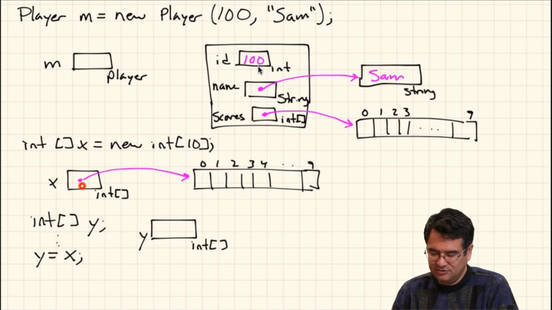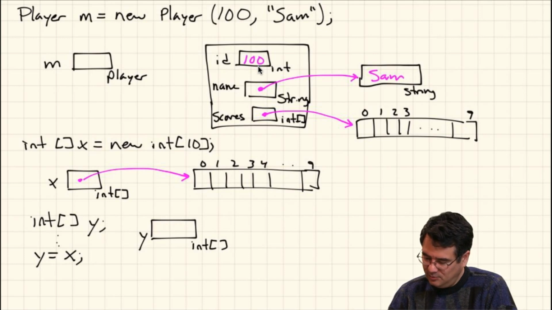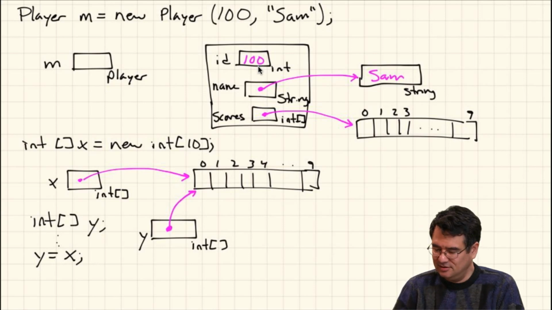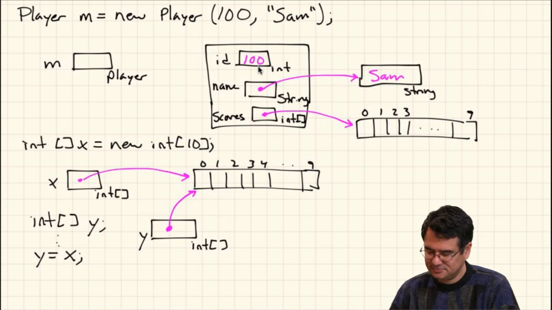So what we're doing is we're saying, take the number out of this box and copy it into this box. So if the number 5,000 was up in this box, we're going to put the number 5,000 in this box. So there's going to be the number 5,000 in both boxes. And what that essentially means is that y points to the same thing that x points to.